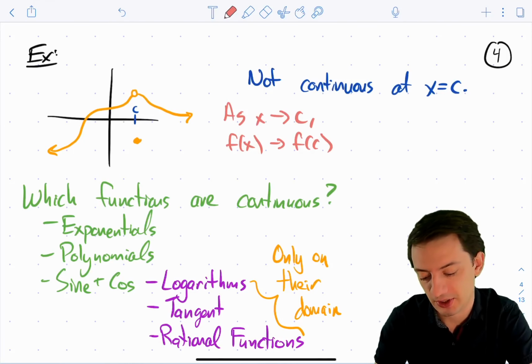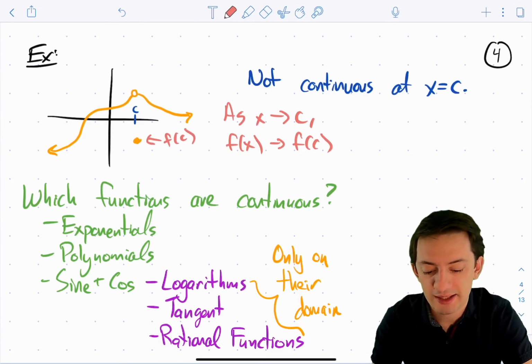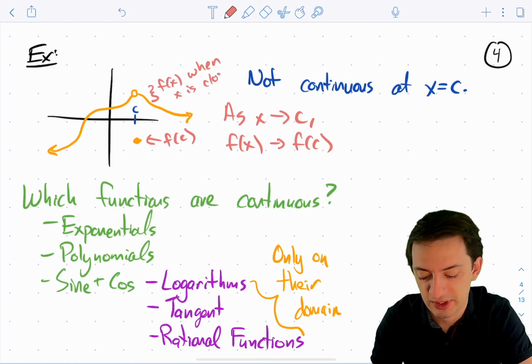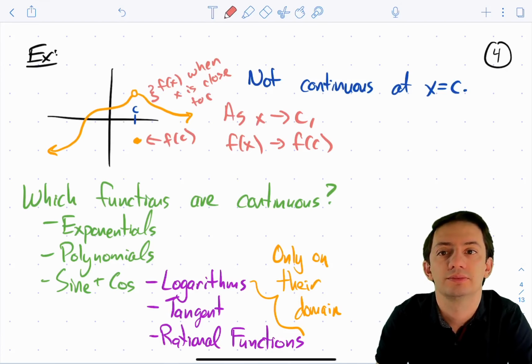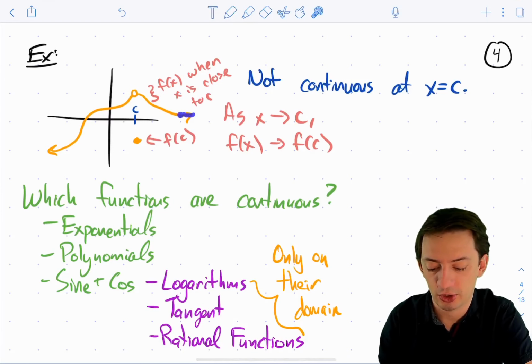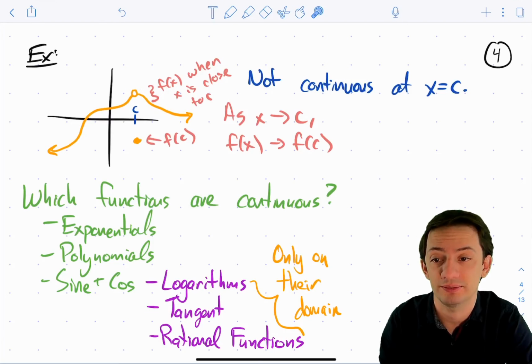But that's not true in this picture, because this is f of c, but as x is close to c, so if you ignore the actual circle here, but you look near here on one side or near here on the other, these are the f of x values when x is close to c. So you've got this big disconnect or discontinuity here. As your x values get closer and closer, it looks like the value should be right here, but it's not. It's actually down here. And so that violates our continuity definition.